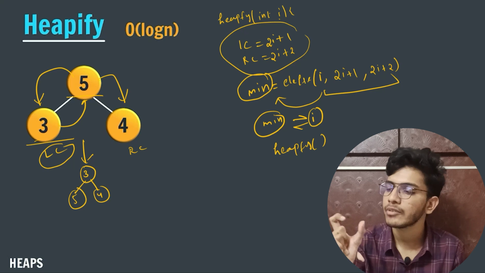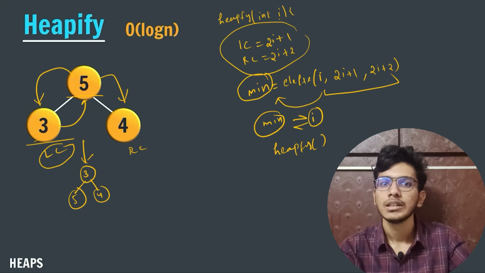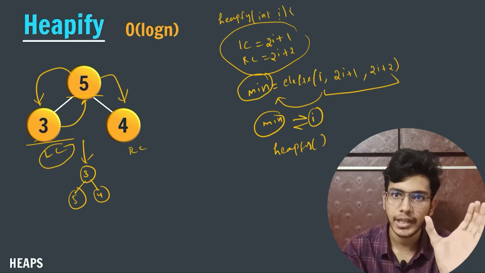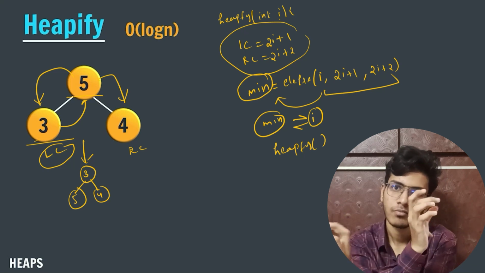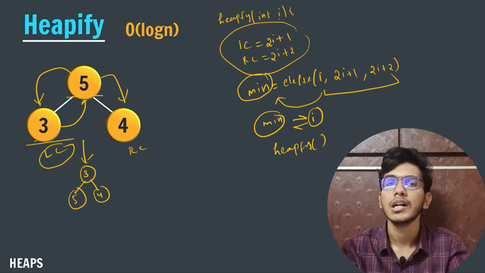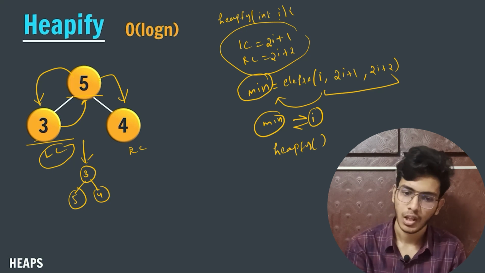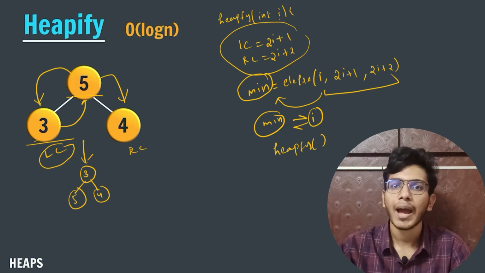Let's say that I am storing it in a variable called min. Now after that, I will swap the root node index which is passed with the minimum index. That's all. And after swapping, if my heap is big, then I will call my heapify function for the rest of the array. And this heapify function will fix my whole heap automatically.